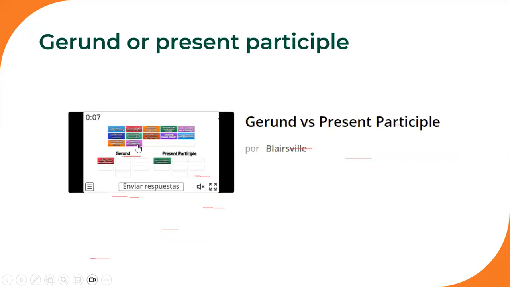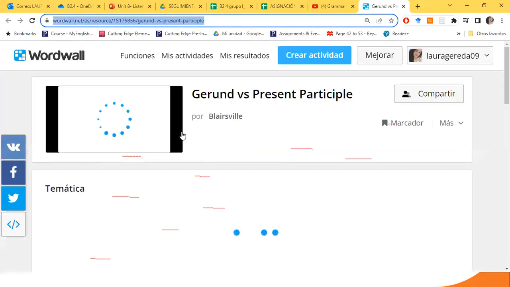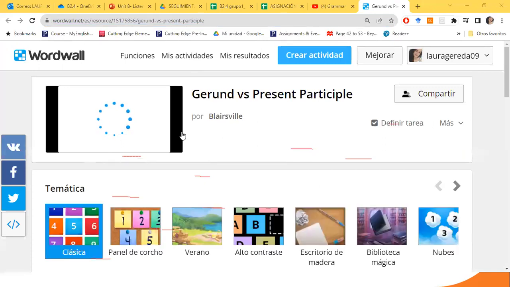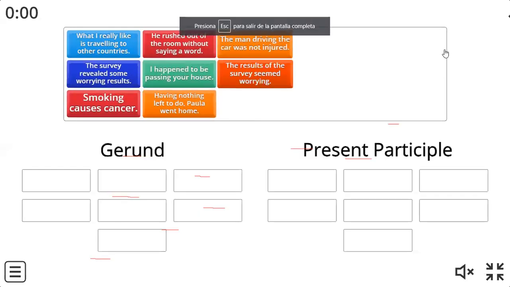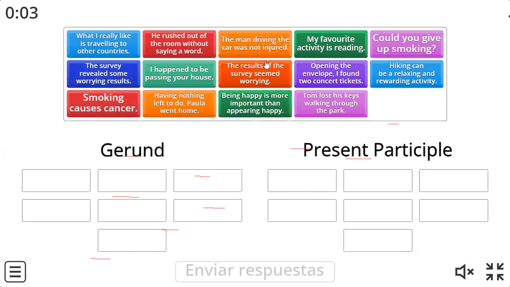We have an activity here. It's very short, so let's do it quickly to review, to see if we can identify the differences between gerunds and participles, okay? You have some sentences and you're going to put them in the correct column, if they are a gerund or a present participle. I will help you with 2 of the sentences and then you can complete the others. Smoking causes cancer.